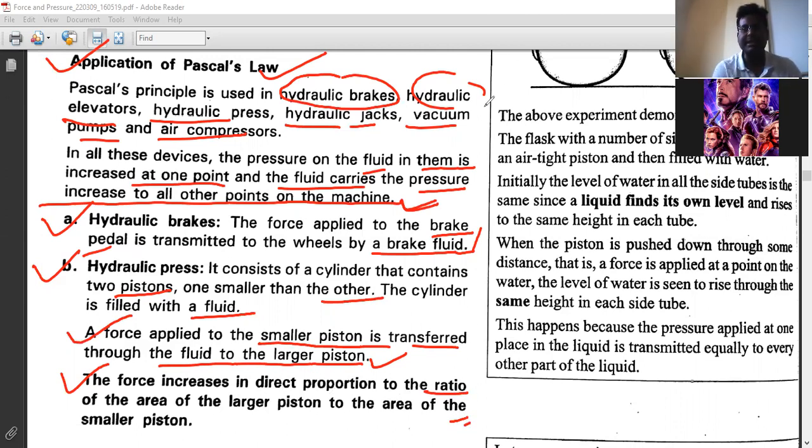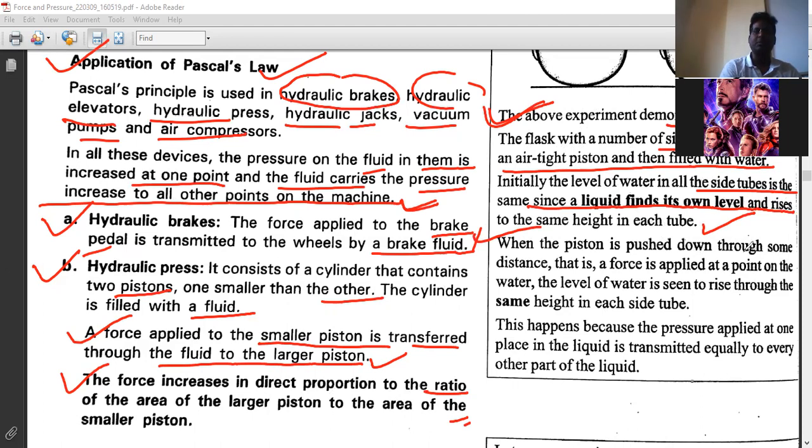Look at this experiment. The above experiment demonstrates Pascal's law. The flask with a number of side tubes is fitted with an airtight piston and then filled with water. Initially, the level of water in all the side tubes is the same, since the liquid finds its own level and rises to the same height in each tube.